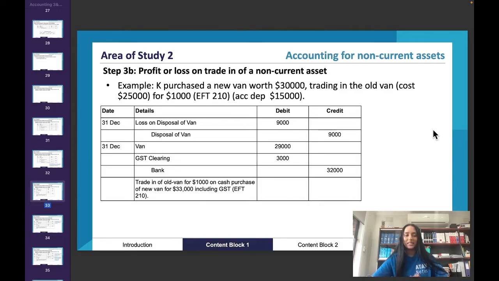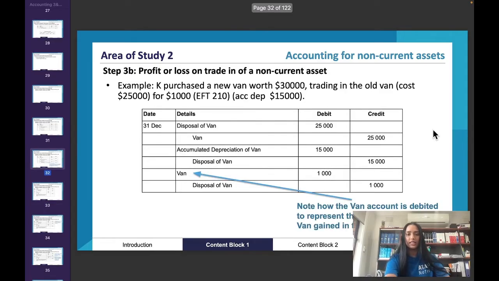And so we know that that new van had a cost of $30,000. However, we also know that we had a $1,000 trade-in value of the new van. And you can see earlier that we recorded this trade-in value by debiting van, which is going towards the value of the new van, $1,000.